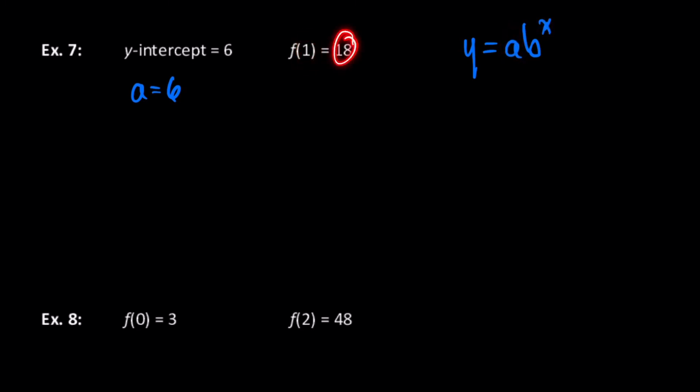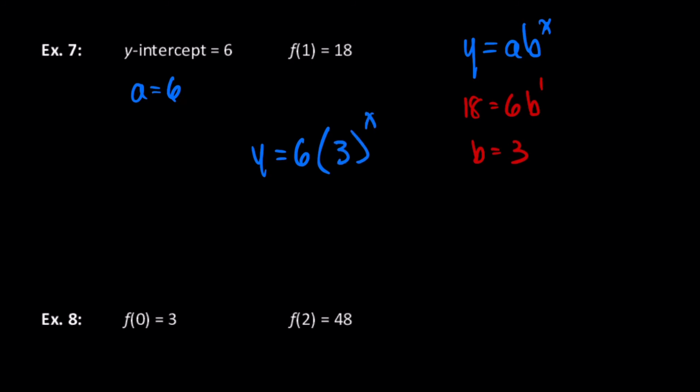And we're going to put an 18 in for the y. All right, so let's see how that works. Y we said was 18. A we said was 6. We don't know b, we're solving for it. X is 1. Well, that's pretty easy. Divide by 6, b equals 3, right? So now I can write that equation. Y equals a, which is 6, times your base, which is 3, to the x.